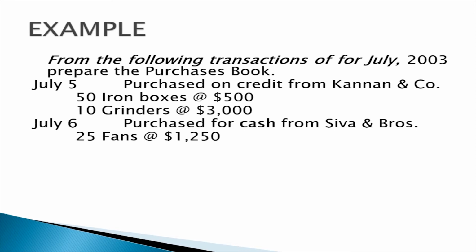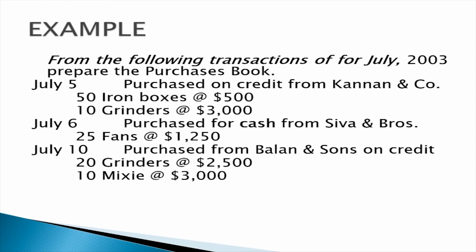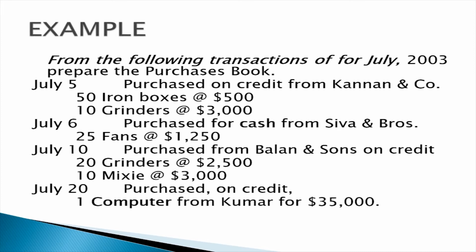Purchased for cash from Siva and Brothers 25 fans at $1250. July 10th. Purchased from Balan and Sons on credit 20 grinders at $2500 each, 10 mixers at $3000 each. And on July 20th, they purchased on credit one computer from Kumar for $35,000.